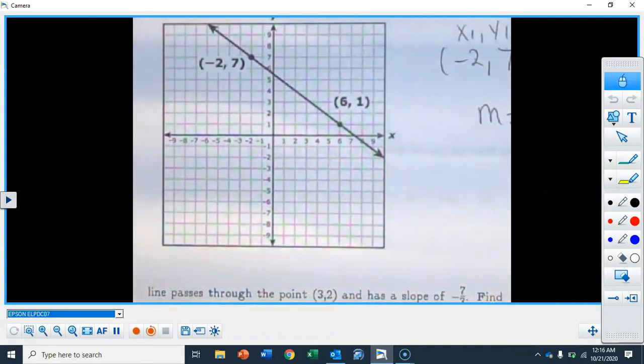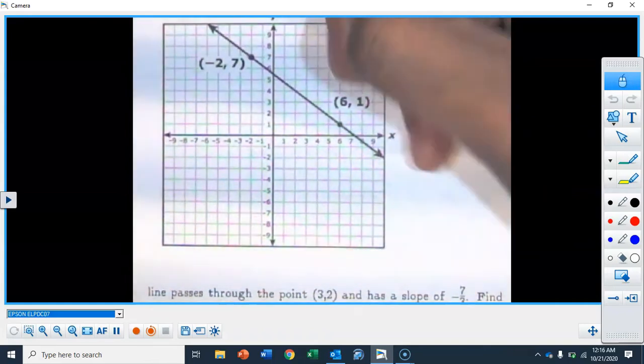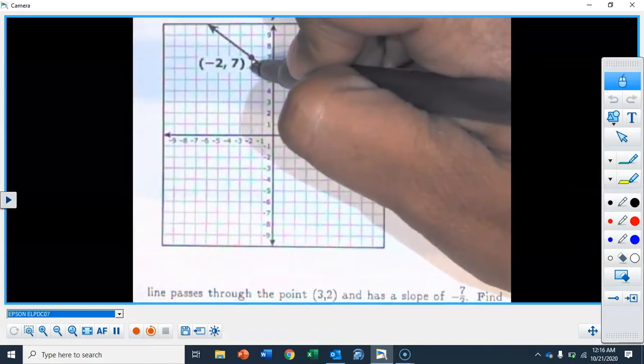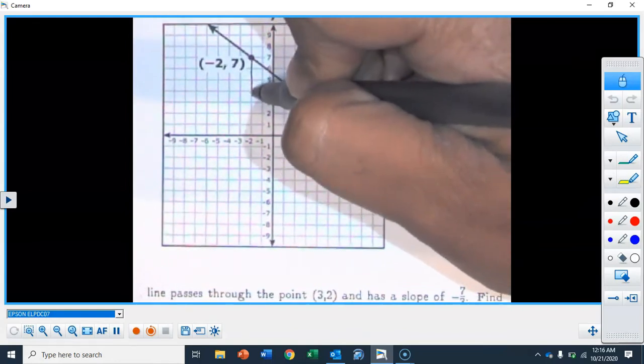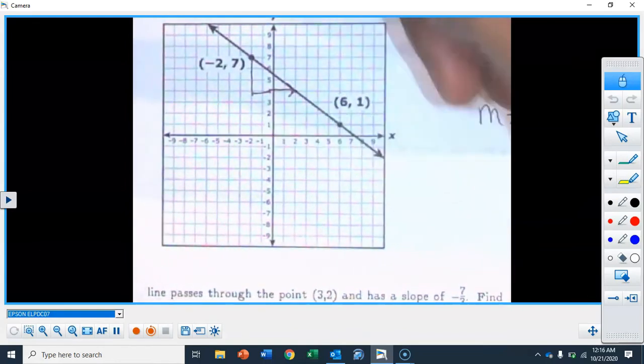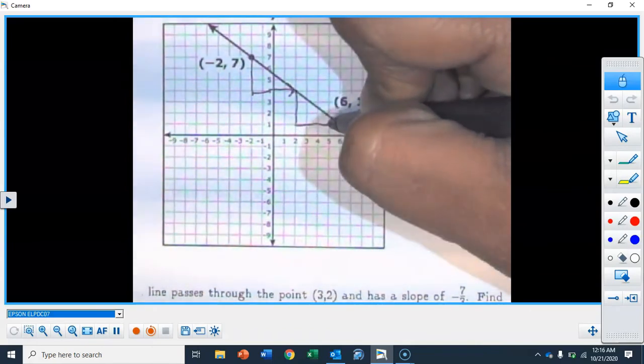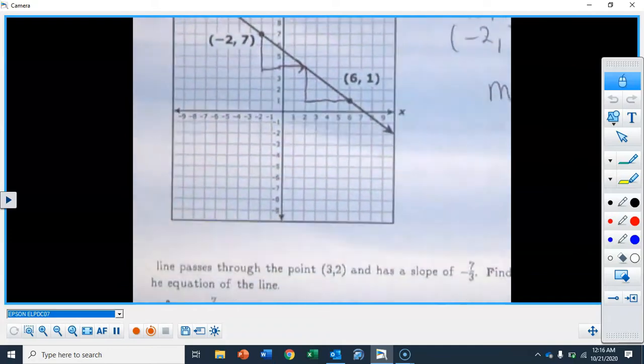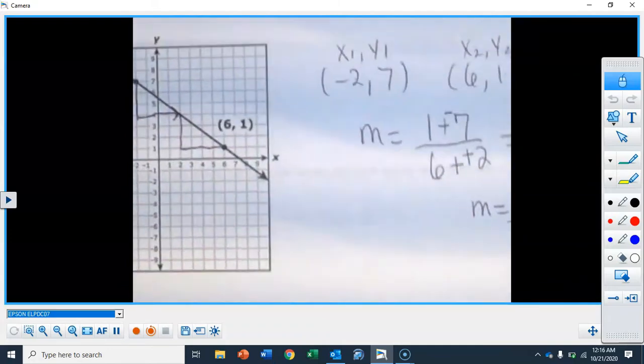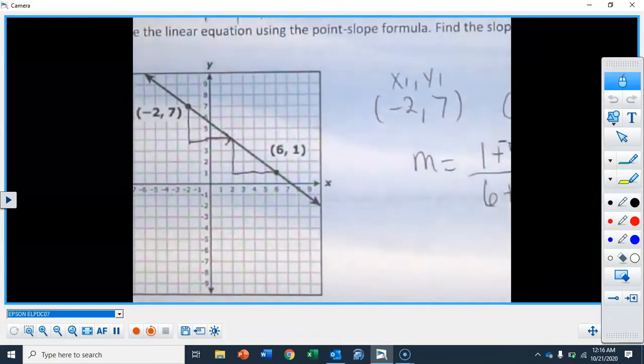See? So that is the address to get from there to there. That's the address.